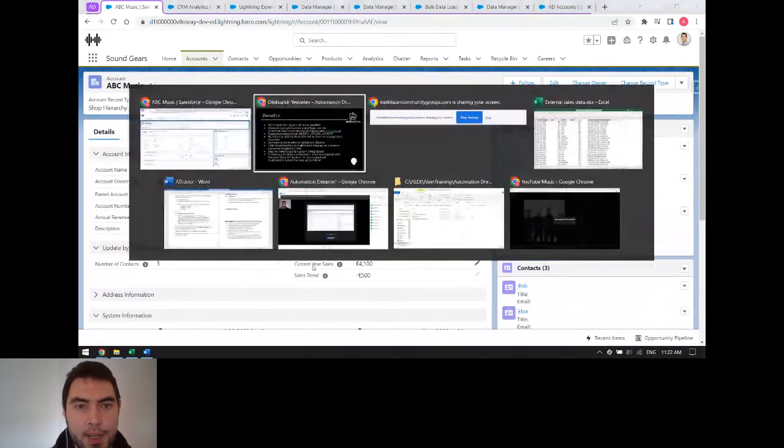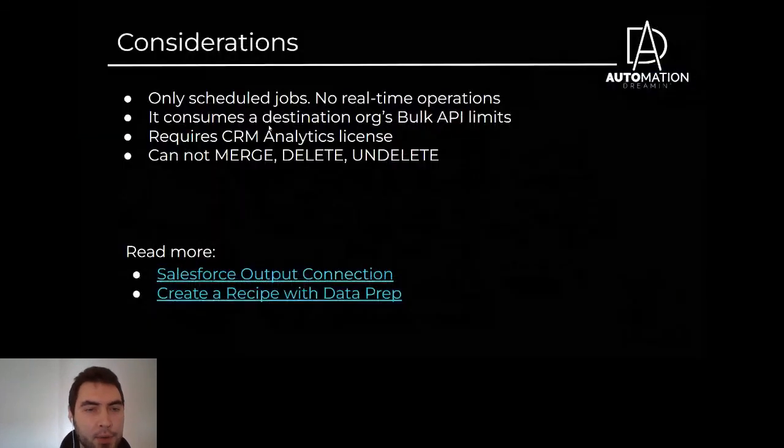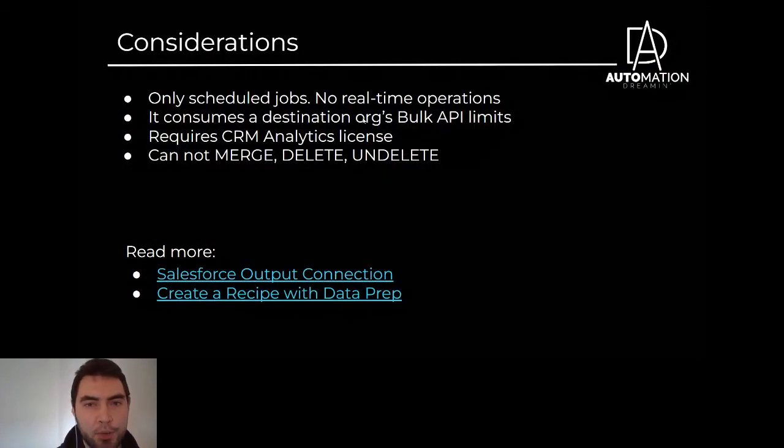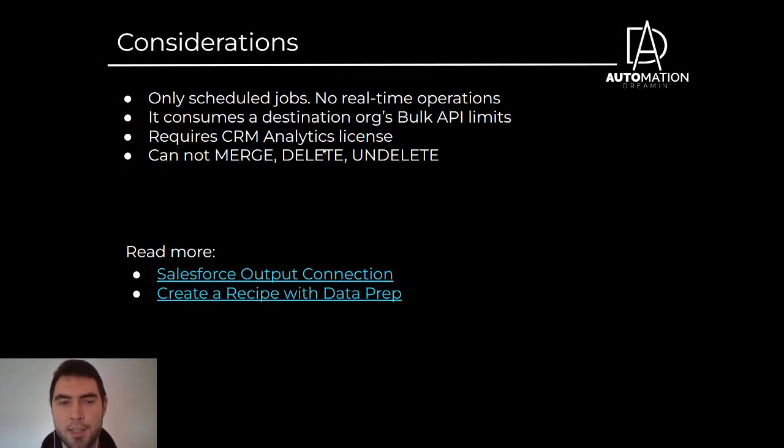And what about downsides? The first and most obvious: there is no real time possible, only scheduled jobs. It's because we don't work directly with source objects. We always load into a replica and then process data from there. Also, it consumes destination org bulk API limits.